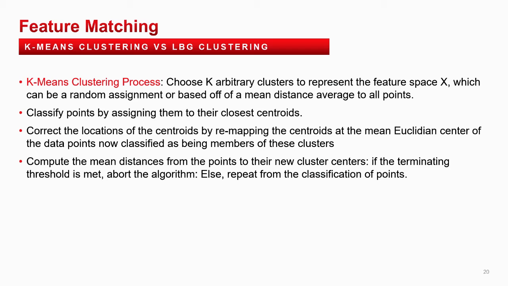So basically, once we assign points to the clusters, we move the clusters so that they better fit the data assigned. And after this, we compute the mean distance from the points to the new cluster centers, and if the terminating threshold on the mean distance is met, then we abort the algorithm, or else we repeat and continue to move centroids.